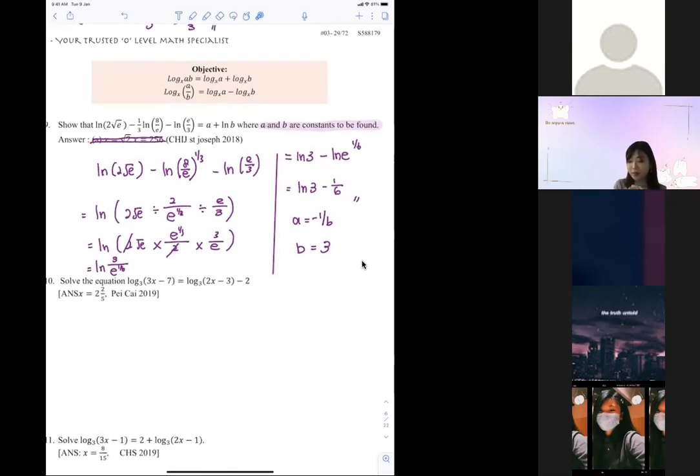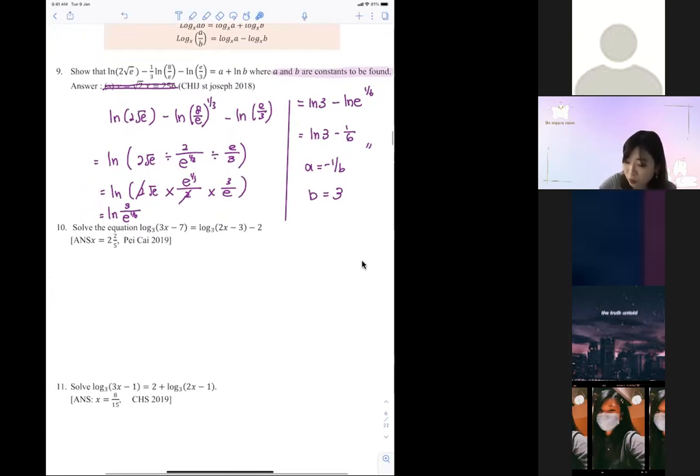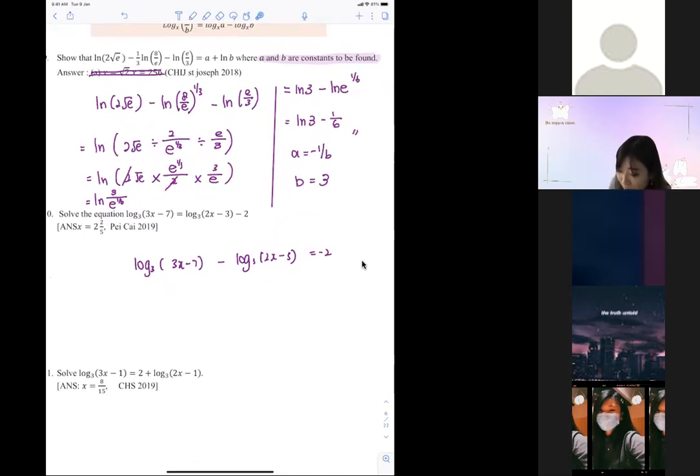All right. Everyone okay? Brian, you back? Yeah. All right, okay. Question 10 onward looks more normal. So just have to log one side. Once you have all the log on one side, you can combine them.